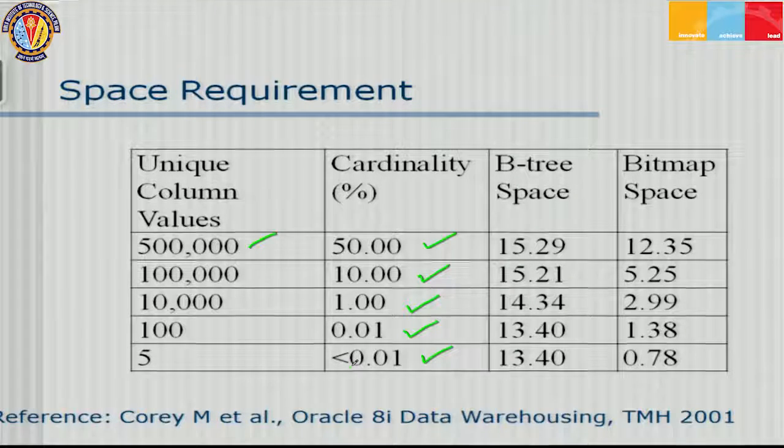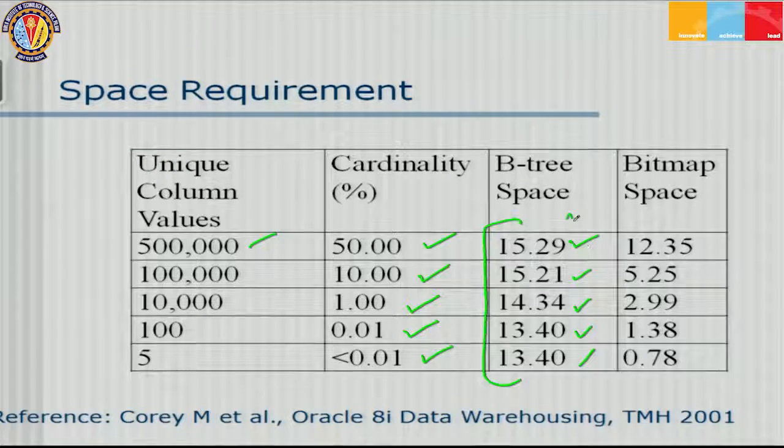So if I create a B tree index on this, I would take 15.29 units, 15.21, 14, 13, 14, 13. So you can see that there is not much change, it is not dependent on the cardinality.